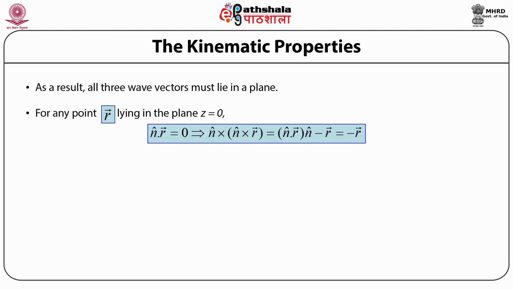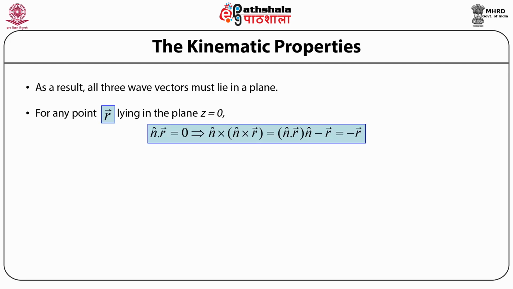This implies that the cross product of the unit vector n cap with the cross product of the unit vector n cap and the position vector r can be written as n cap times the dot product of n cap and r, minus r times n cap dot n cap, which gives us (n cap dot r) times n cap minus r. Since the dot product of n cap and r is 0, the final result is equal to minus r, that is, the position vector minus r.